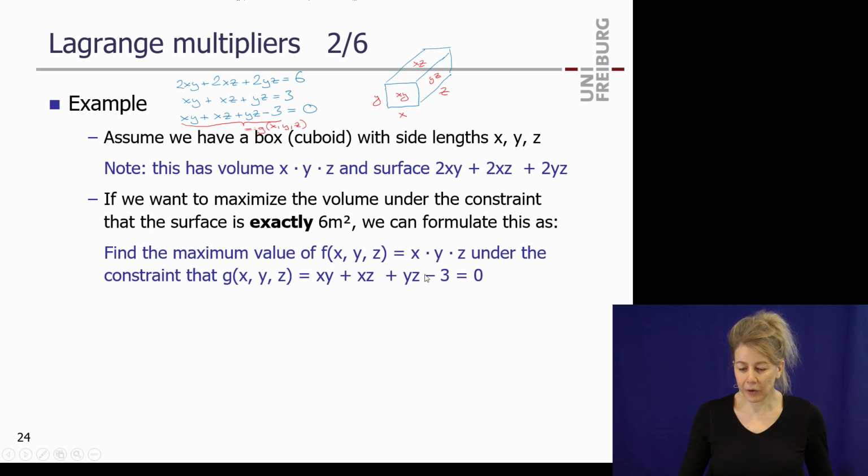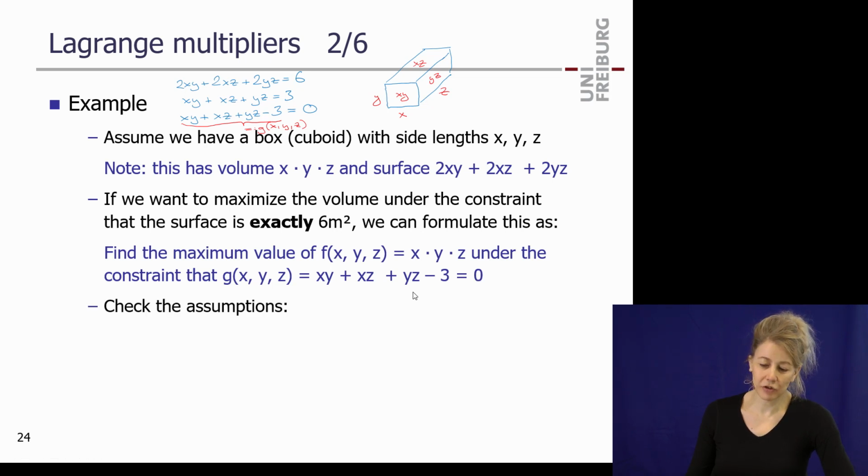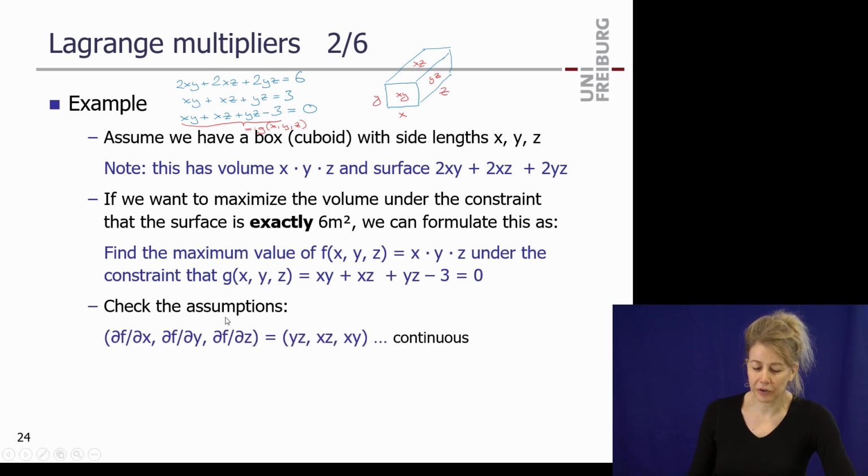That way I now have it in the form of a Lagrange multiplier exercise. So I want to maximize xyz, the volume, under this constraint that this function g is 0, which means the surface is exactly 6 square meters. Check the assumptions. We will not do it here. You can check it yourself if you're interested.